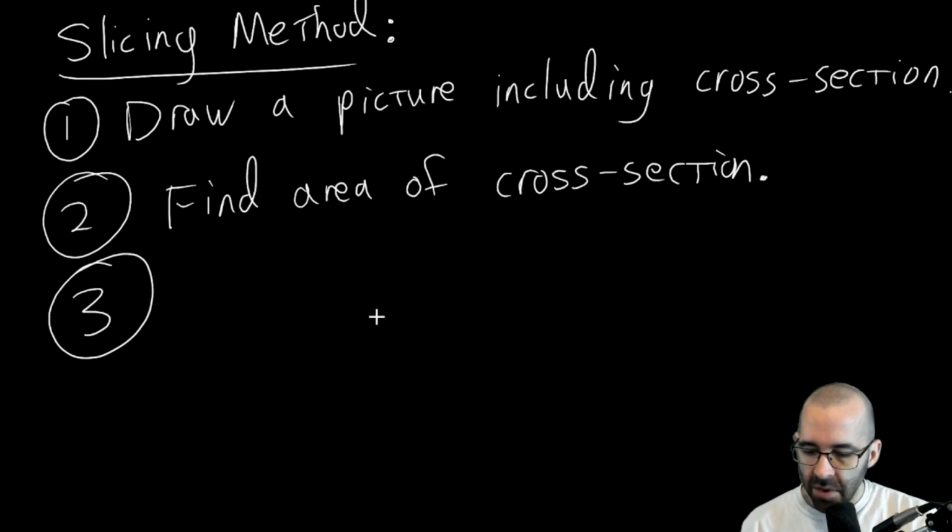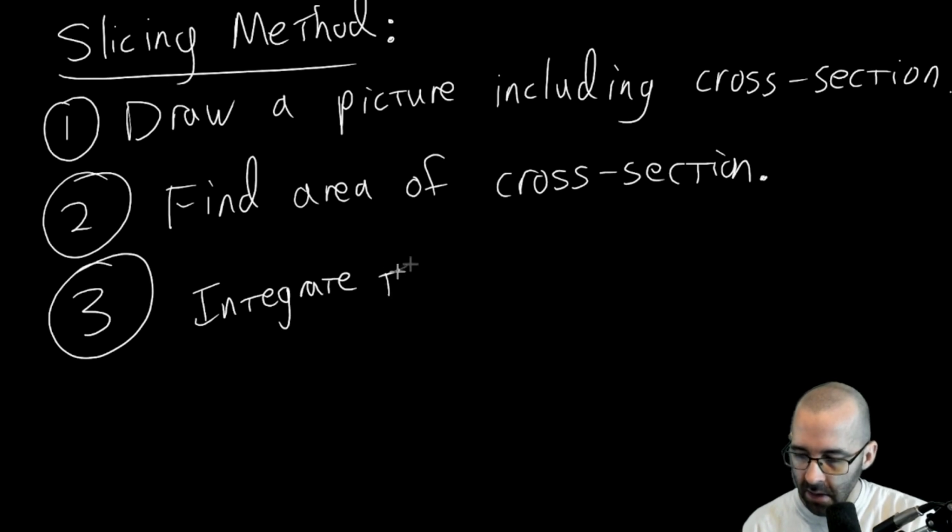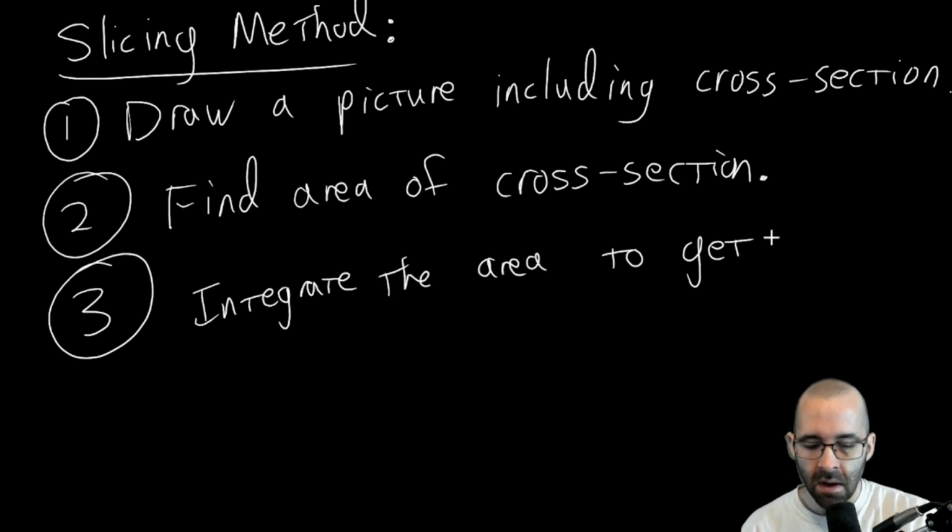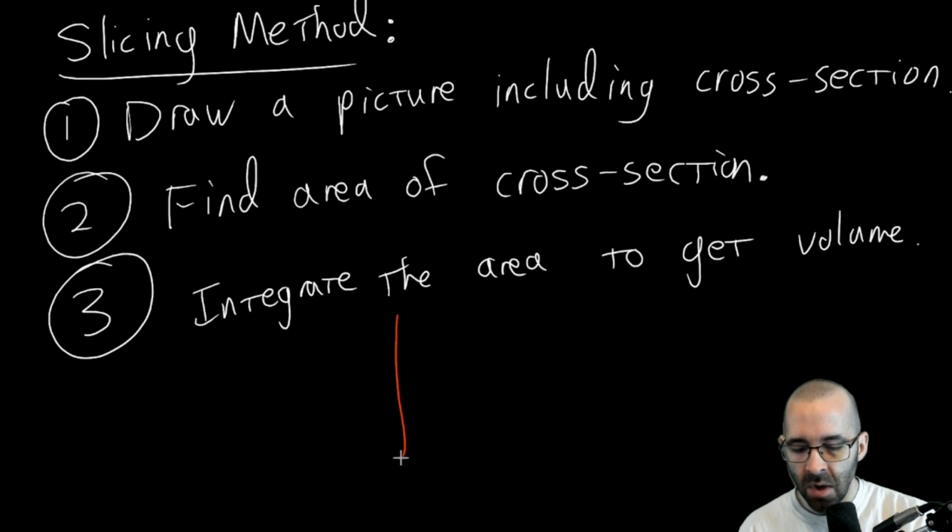And then step 3 is going to be integrate the area to get volume, which again is exactly what we were doing in chapter 1. Remember in chapter 1, we said, hey, how do I find this area?